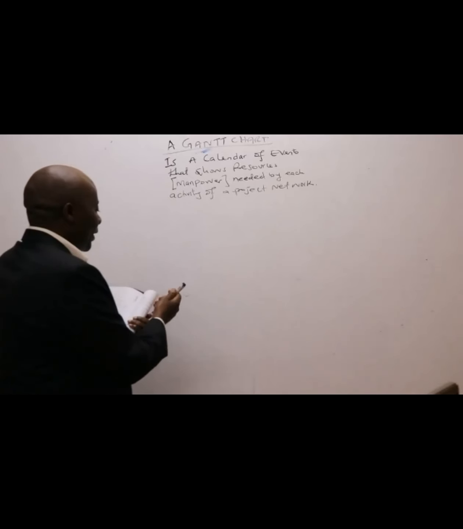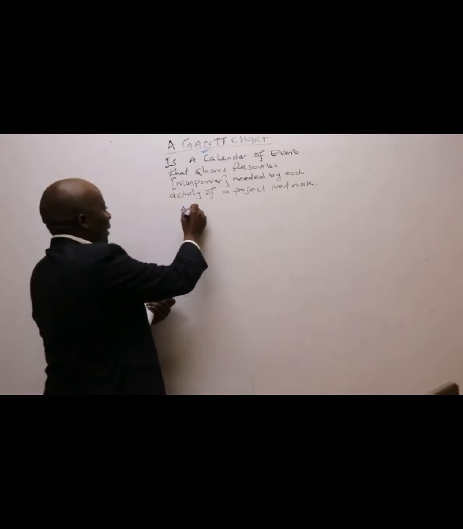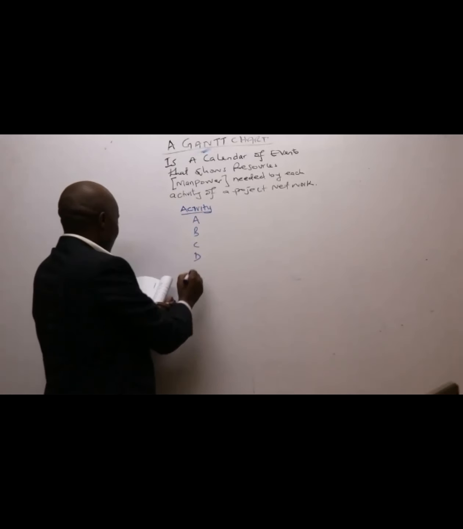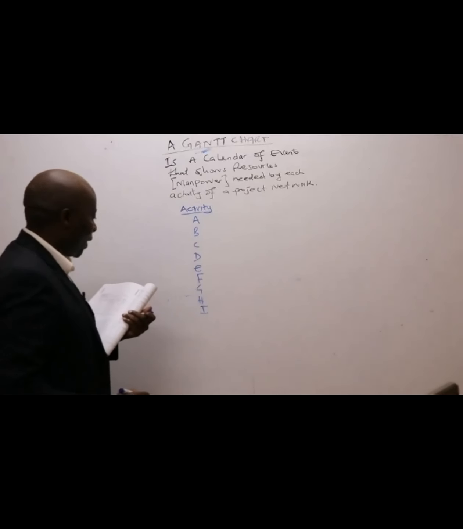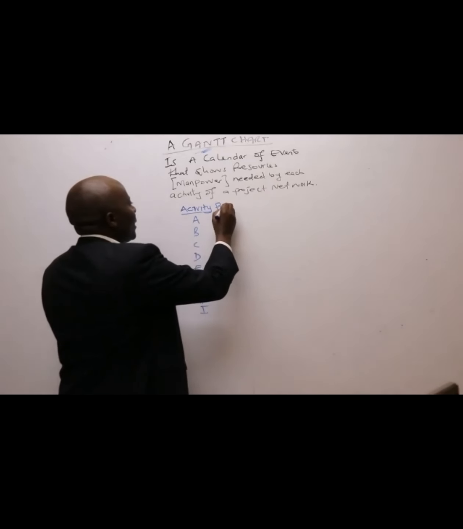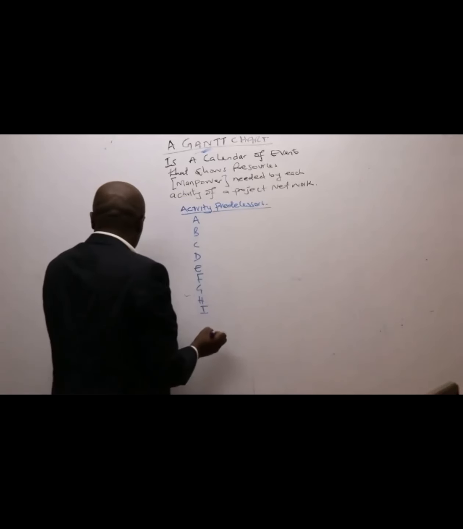So I would want us to write these activities down. We have activity A, B, C, D, E, F, G, H, I. And then they have given us the predecessors.